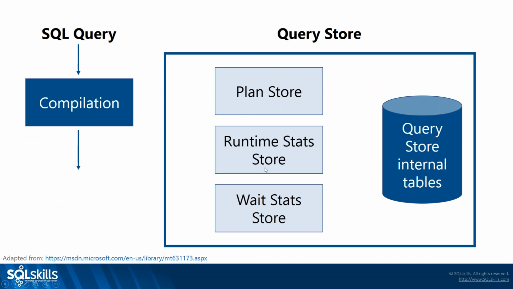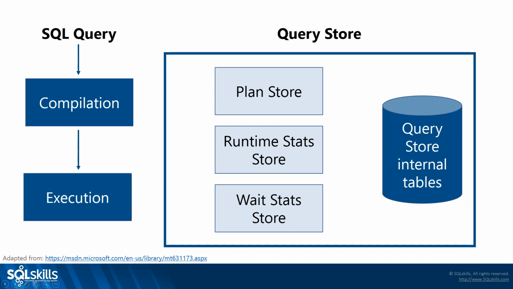I talked about the different logical ways that data is broken up, and how when you submit a query to SQL Server, you have compilation and then execution, and then that information is sent over to the Query Store. What I didn't tell you is that it is held in memory temporarily, because consider the cost to SQL Server of writing data to disk tables every time a query completes. Very expensive.